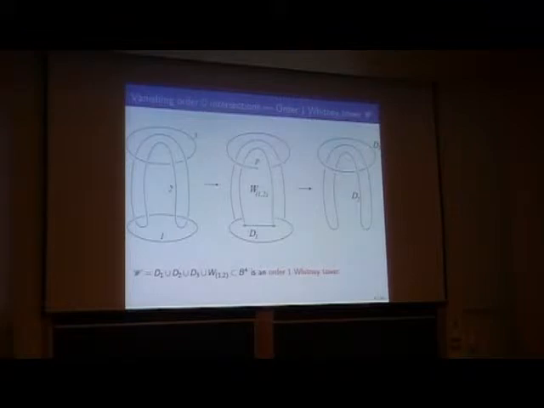Okay, so then when we have vanishing linking numbers, then we can build an order one linking tower. So again, on the left we see the Borromean rings sitting in S3, the boundary of B4, and moving in, as before, we cap off one component with this disk.